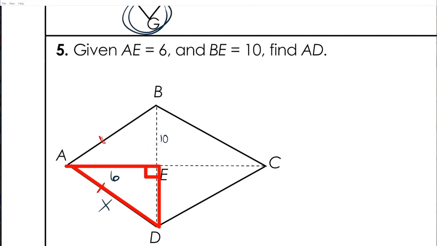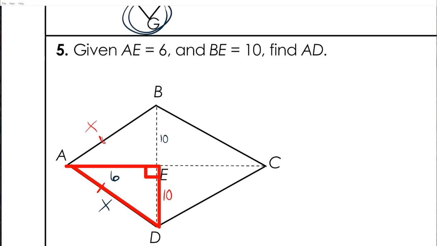So we can go ahead and rewrite our 10 down here, or I could have rewritten the X up top. Doesn't matter. You can move it either way because AD is going to be equal to AB or BE is equal to DE. Now that we know 2 of 3 sides of a right triangle, which one of our mathematical theorems do we use to find the missing one?